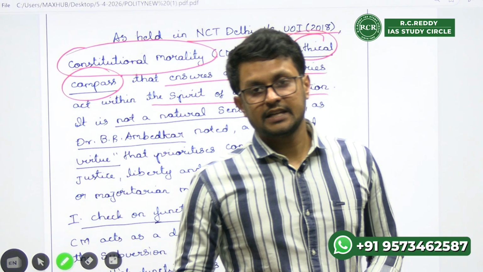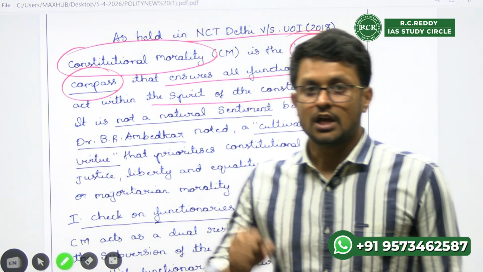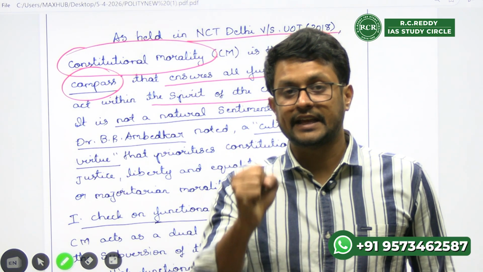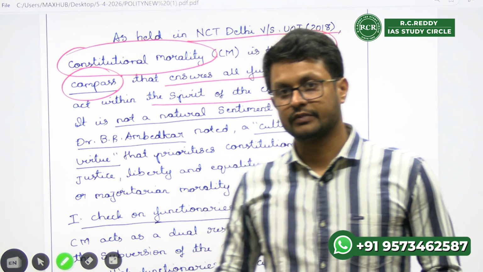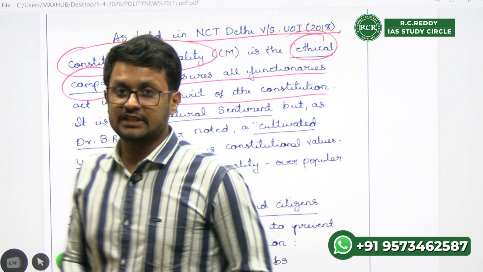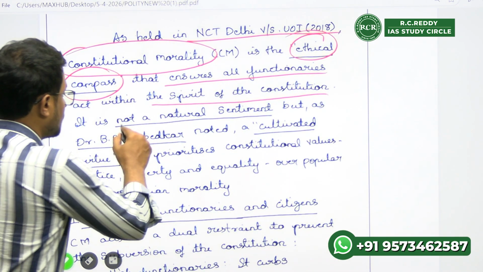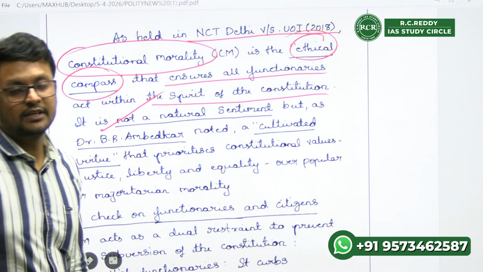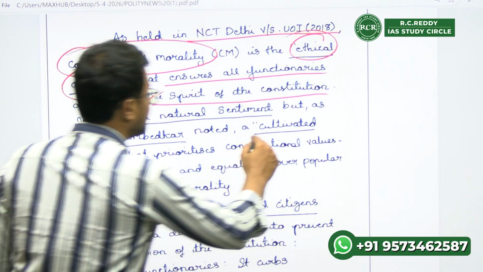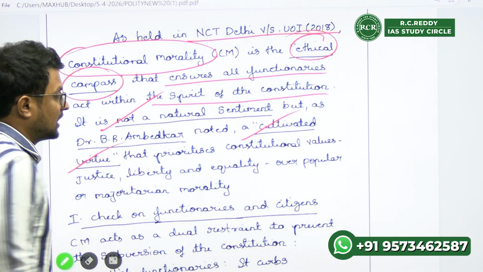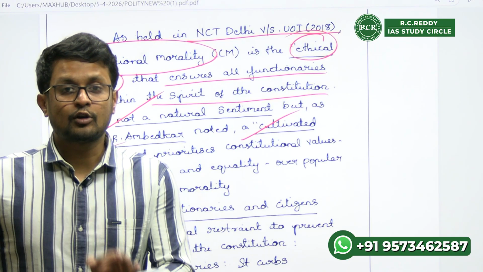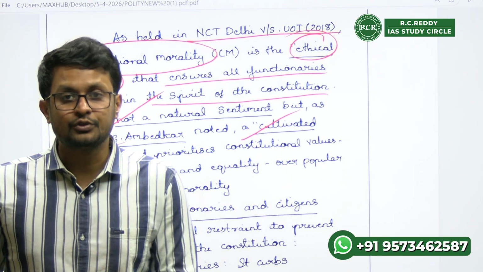So in a way, the Supreme Court itself says constitutional morality contains the spirit of the Constitution. In fact, B.R. Ambedkar says, though it is not a natural sentiment, it must be a cultivated virtue. What is that cultivated virtue? To act according to the constitutional values.